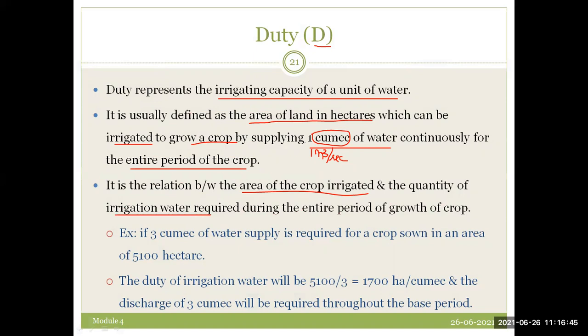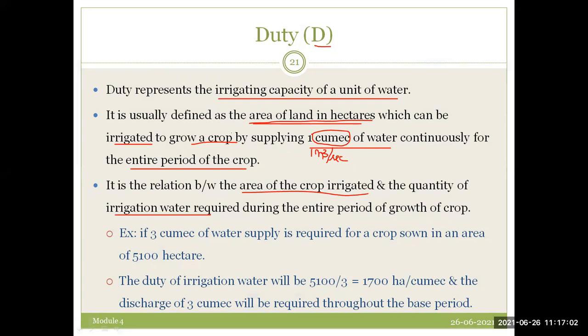As the definition says, it is the area of land in hectares which can be irrigated by supplying 1 cumec of water. So obviously it represents the relation between area and volume of water supplied.